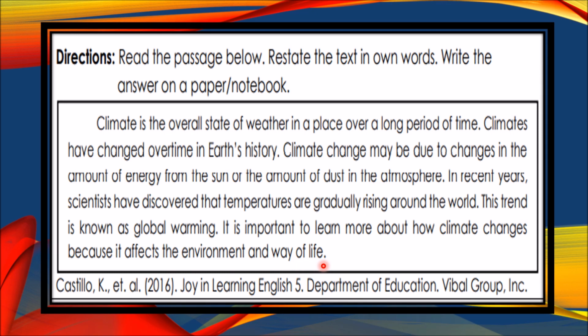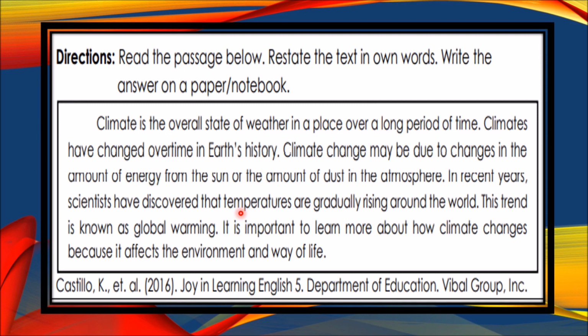So, what is the main idea in here? So this is: the climate is the overall state of weather over a long period of time, and what are the supporting details? These are the supporting details. So all you have to do is restate the text.